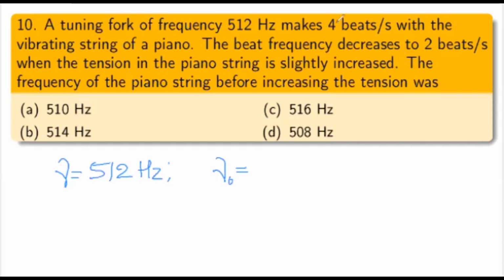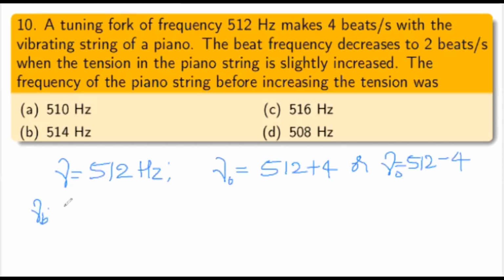And from this, that is 4 beats are heard, it must be differing by 4 Hertz from the 512 Hertz. So nu naught can be written as 512 plus 4, or nu naught is 512 minus 4. Now it's given that by increasing the tension in the piano string, the beat frequency decreases to 2 beats.